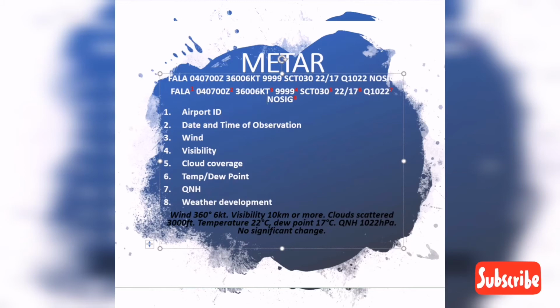In relation to true north, this is coming from a direction of 360 degrees towards the airport and at a speed of 6 knots. Visibility 10 kilometers or more. Clouds scattered at 3,000 feet. Temperature 22, dew point 17, QNH 1022, no significant change in this weather.